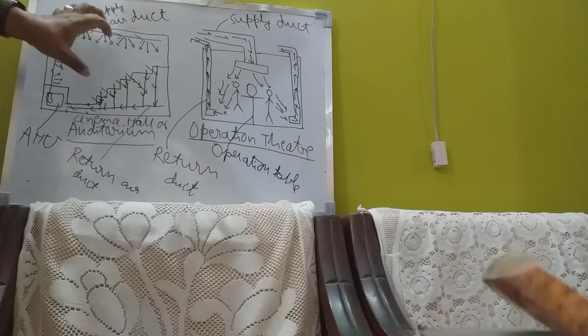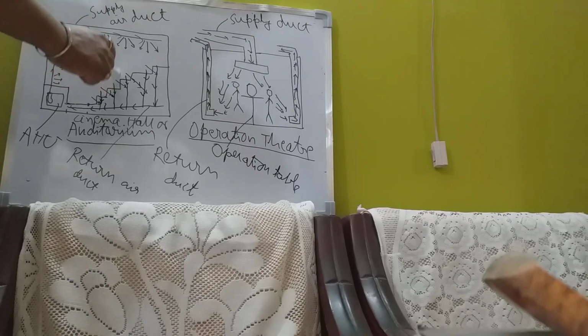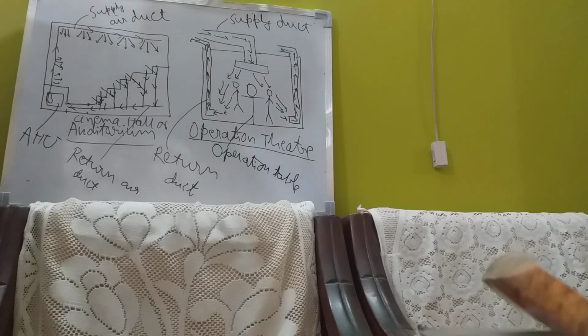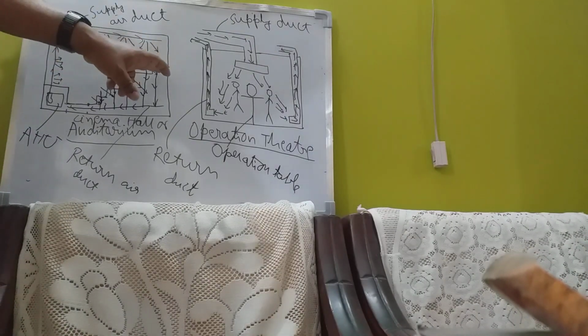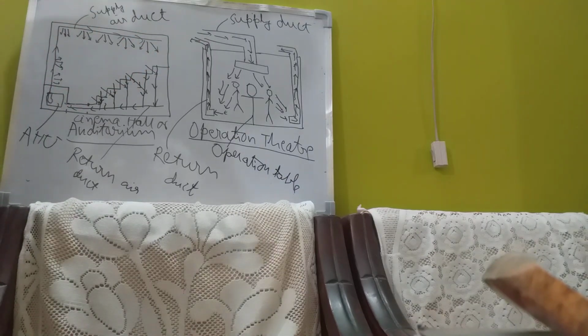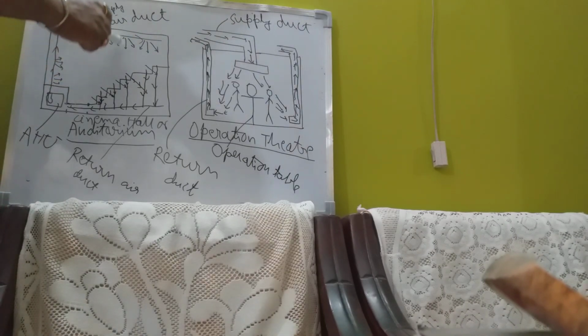So when you calculate the heat load, you generally take an average height somewhere here. That average height takes care of the lowest height and the highest height. You have to find out during heat load the tonnage and the CFM, that's cubic feet per minute of air supplied, and the tonnage of the room. In that case, you calculate it taking an average height here.